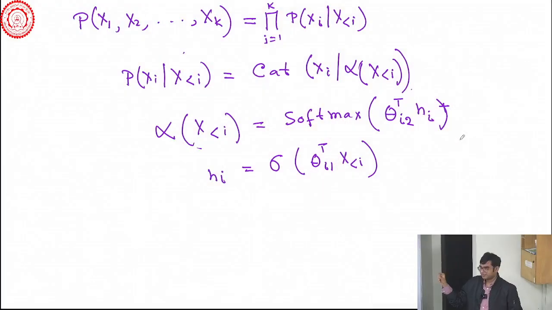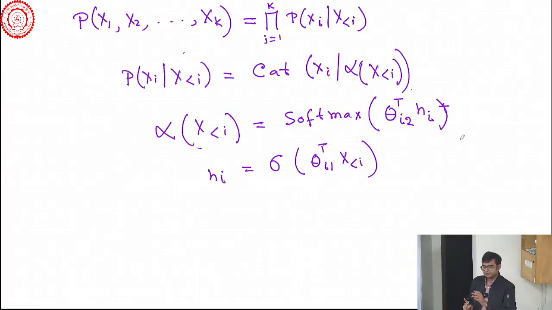Okay, and remember the parameter sharing part that still holds. I'll come back to this in a short while, but last time we did parameter sharing, right? So that holds here as well. In the original one only they did. Okay. This is clear? Clear? Okay.